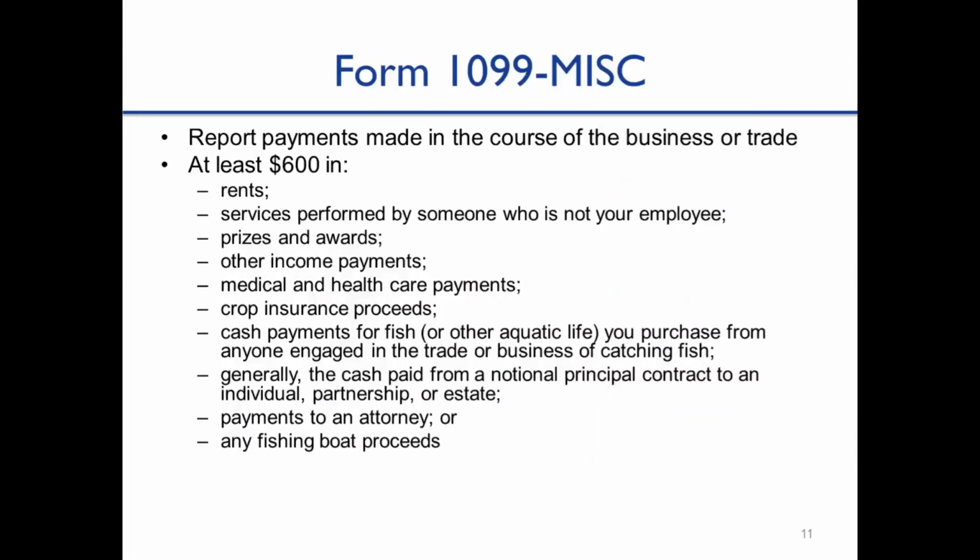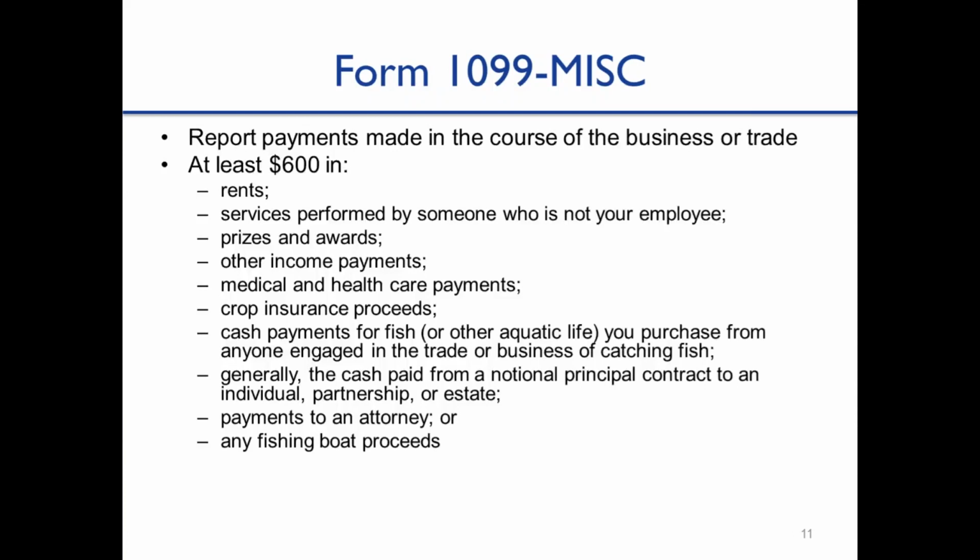If you do have a 1099 vendor and that subcontractor makes over $600 in rent, services performed by someone who's not your employee, or if you pay somebody over $600 in prizes and awards, so if the value of something you're giving away is over $600, that person would get a 1099. Other income payments, medical and healthcare payments, there are some other miscellaneous ones.